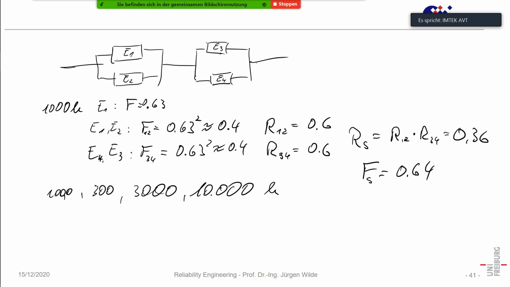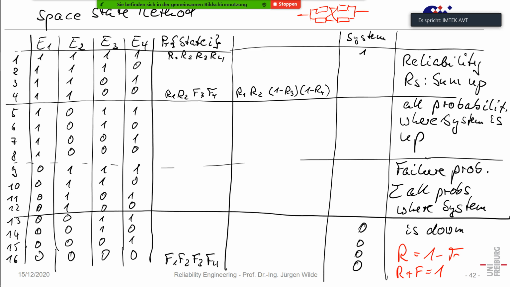So combining these, or if we take the space state method. What's the advantage of the space state method? It is something which is very versatile. That means we can have very many cases and we can have also special cases.